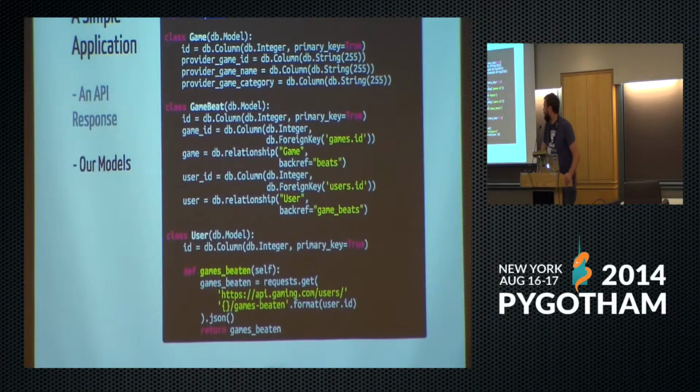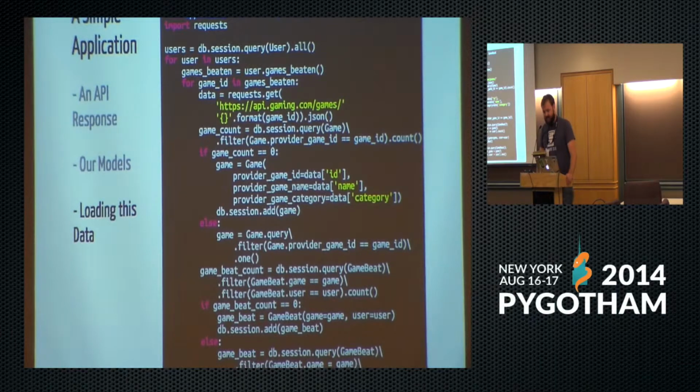So given that API, we create a few classes. Here we have a game class, a game beat class that relates a user to a game, and then also a user class. Notice how the API access is just wrapped into that user class. That makes it nice and easy. We'll use that later on.